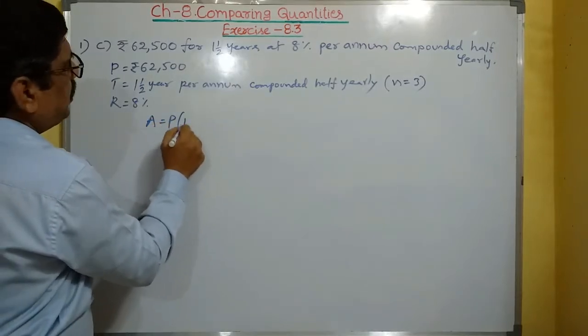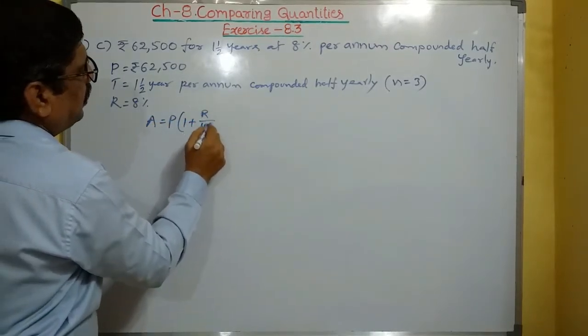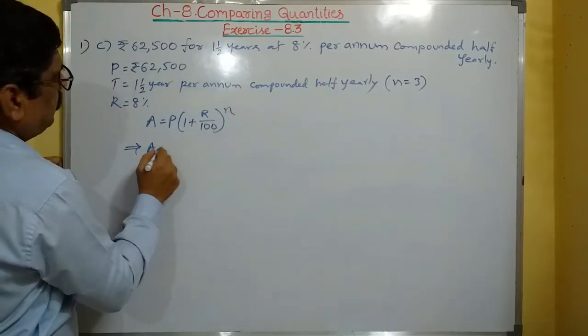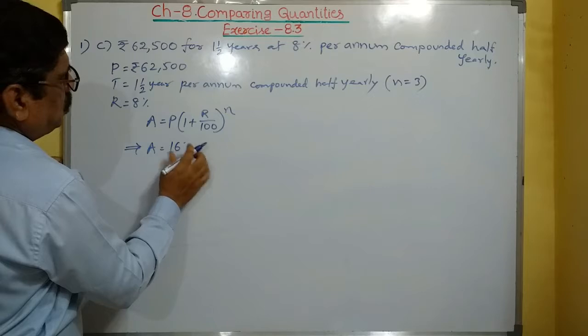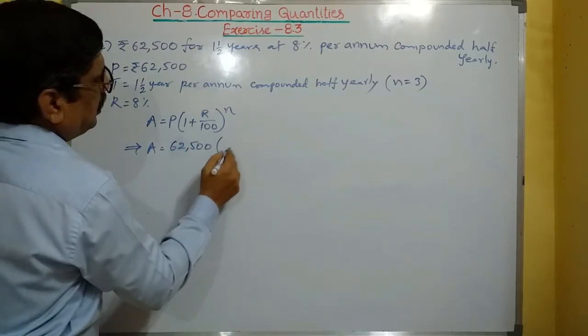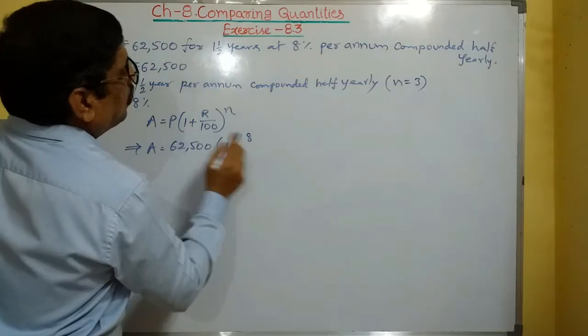Now to find the compound amount on compound interest, we have a formula. A is equal to P into 1 plus R by 100 whole to the power of N. So amount A is equal to P value 62,500 into 1 plus R value.